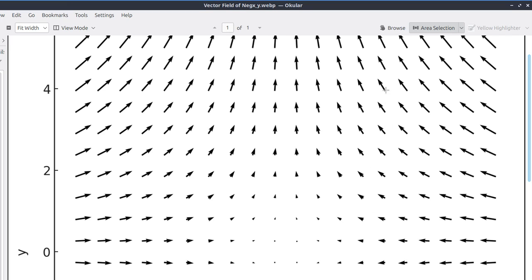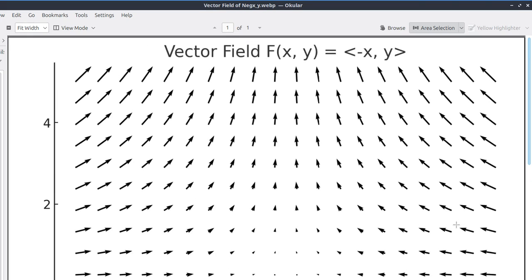Now, negative x. All of these are on the positive side of x. This is x is 0, this is the origin, right? Right here. Because it's a negative x, the arrows point in the opposite direction of x. That means on the right, on the positive side, they should point to the left in the negative direction. And then you go up y.